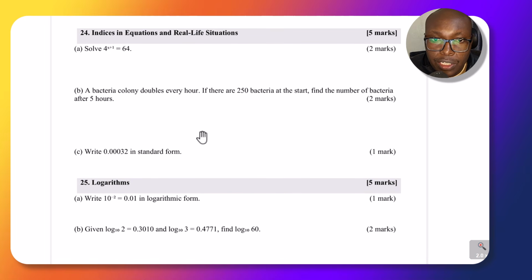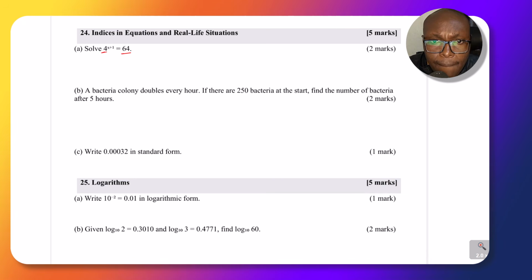Question still on indices. Now the applications in solving. So you have the first one, 4 to the power x plus 1 is equal to 64. Now the first thing that you do is try to express both the left hand side and the right hand side to the same base. Now is it possible to express 4 and 64 in the same base in power form?